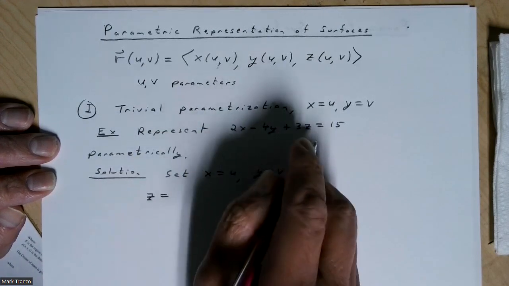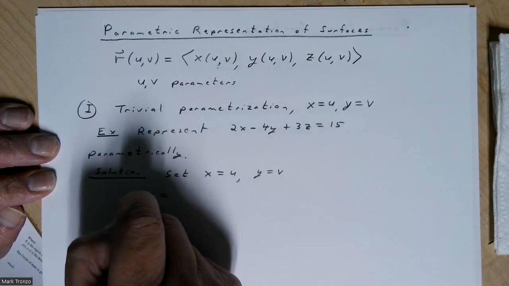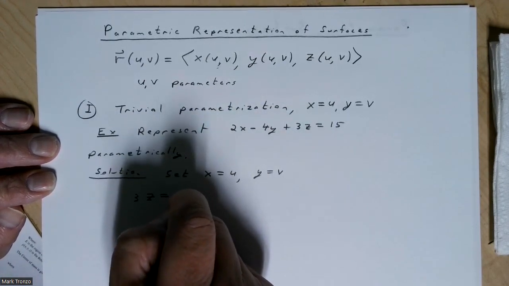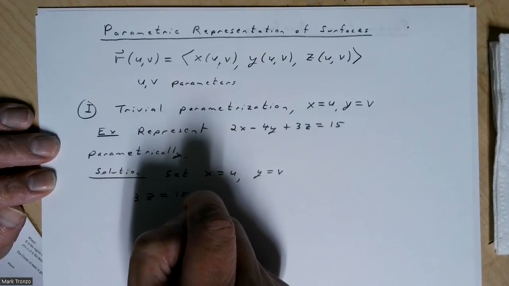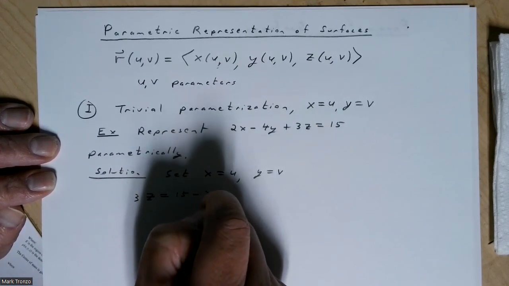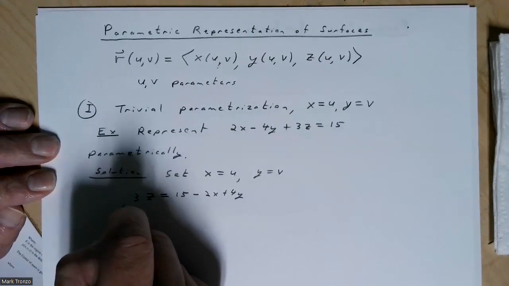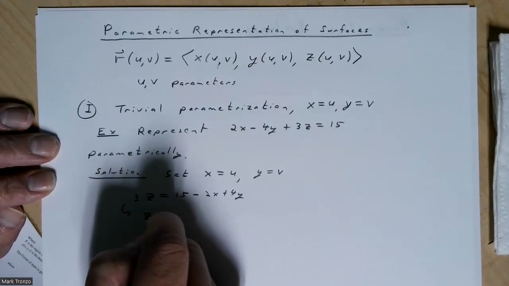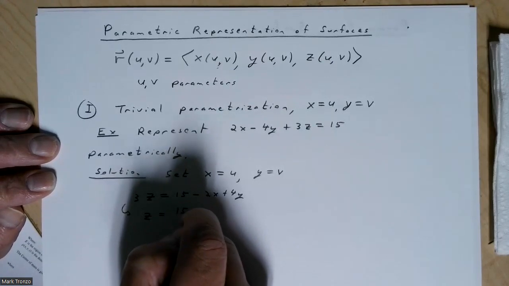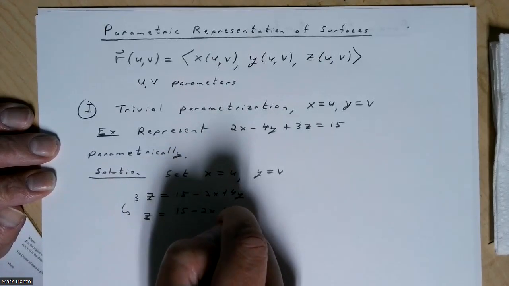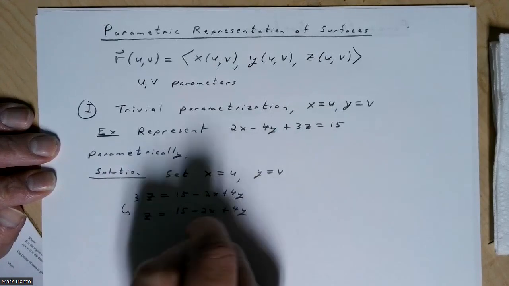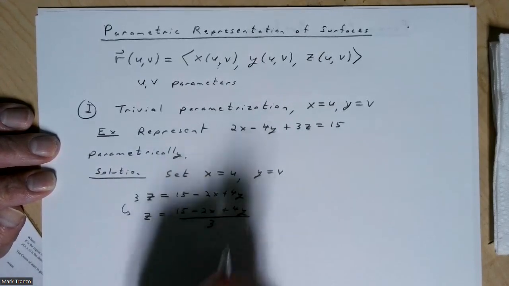So z would be equal to 15 minus 2x plus 4y, and z is (15 minus 2x plus 4y) divided by 3.